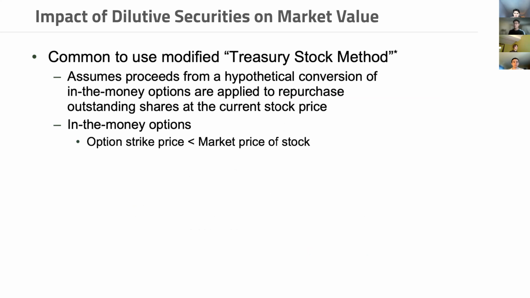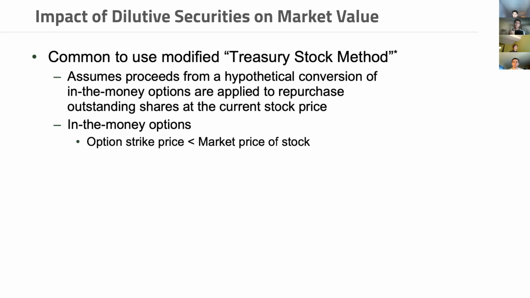We'll talk a little bit more about this today, and you'll have some time to do this in the Excel spreadsheet. But when we're calculating market value, we're trying to take in all the different factors that help us value a company. We have different options, different restricted stock units that will increase or decrease the number of outstanding shares of stock.